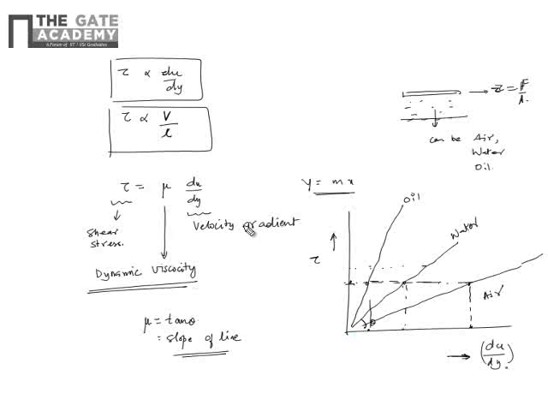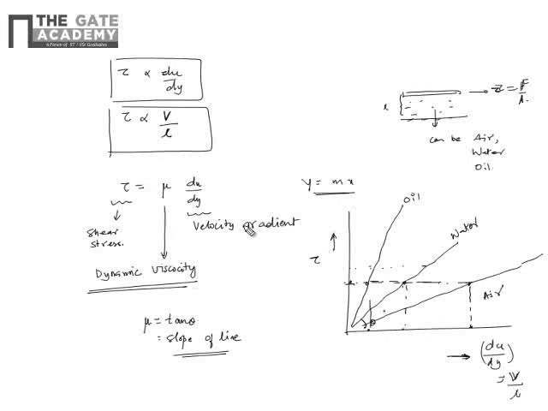Because du by dy is v by L, and if the gap I have maintained is the same, the velocity of the plate will be more in air than in water than in oil. And that was the reason for the steel ball example which I gave you some minutes back: in oil, the gravitational force is the same, but the drag force that comes because of this viscosity is more.